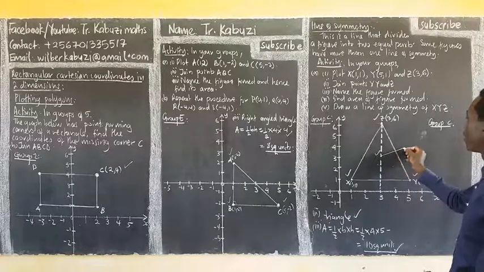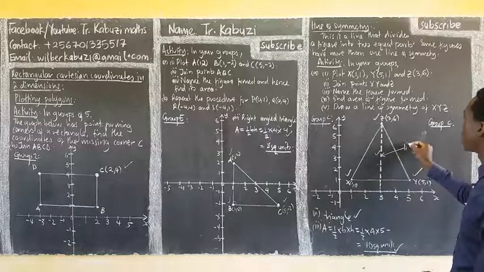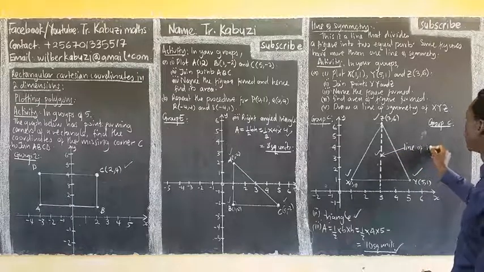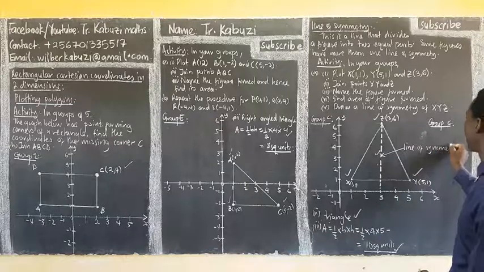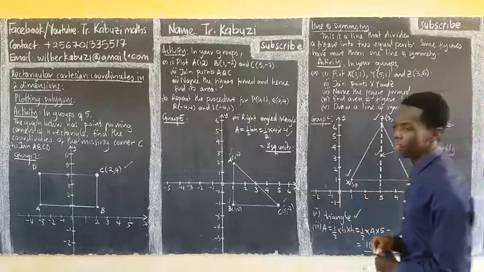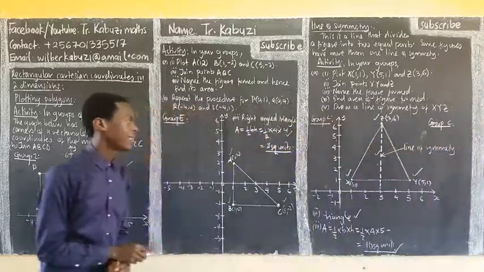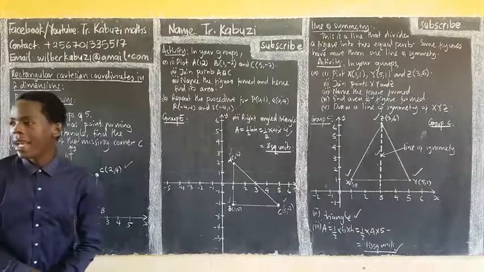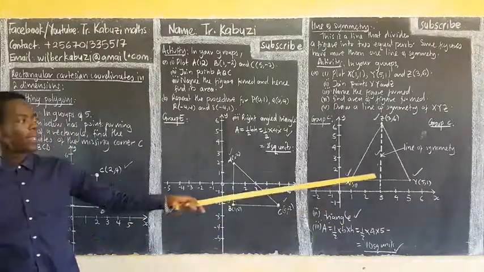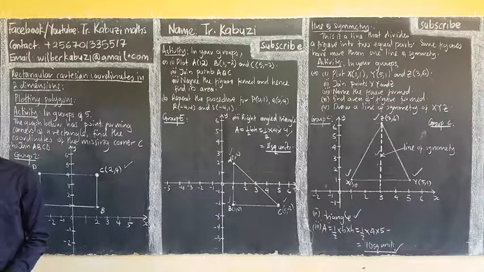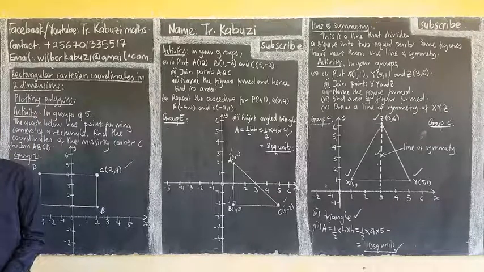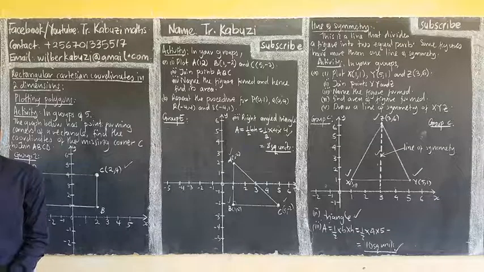And this is what we call our line of symmetry. Okay. So can you clap for group C, they did something very nice? How many people have this line of symmetry? Okay, no problem. Anyway, that's how we had to handle that.